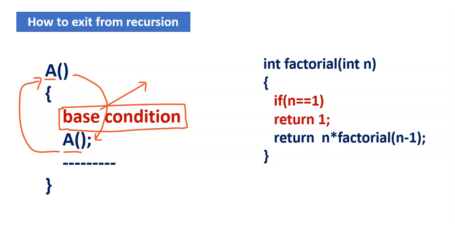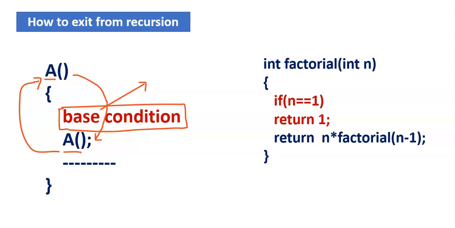Otherwise, the program continuously calls the same function, and this execution goes on for an infinite number of times. The purpose of the base condition is to exit from the recursion at a particular point of time.